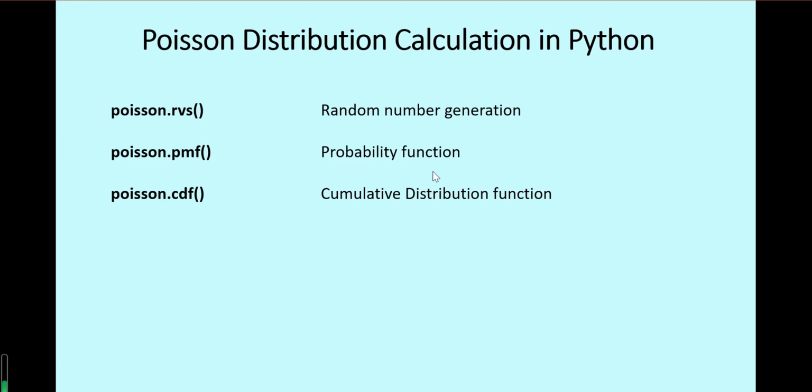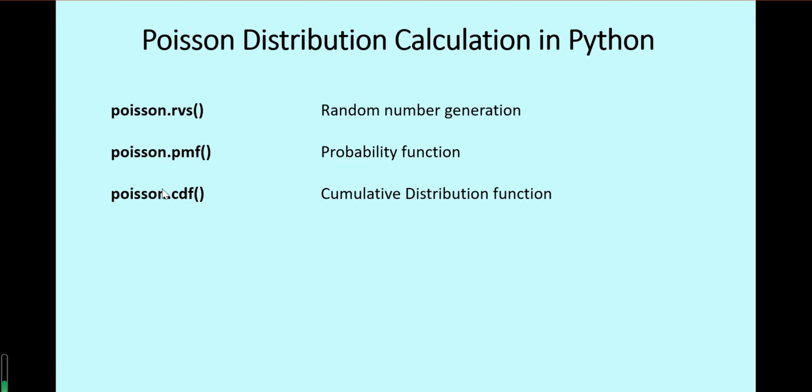This is the probability function used to calculate the probability of this occurrence count in this time period. And the third is the CDF, the cumulative distribution function.